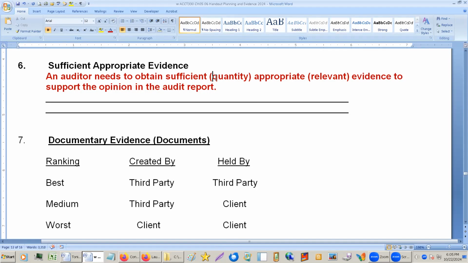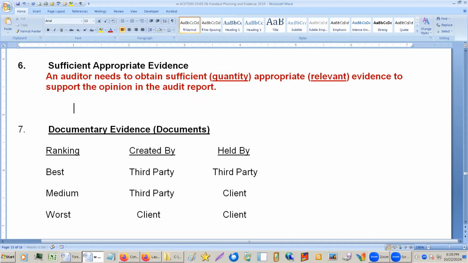So in other words, you need to get enough good evidence to support an opinion.